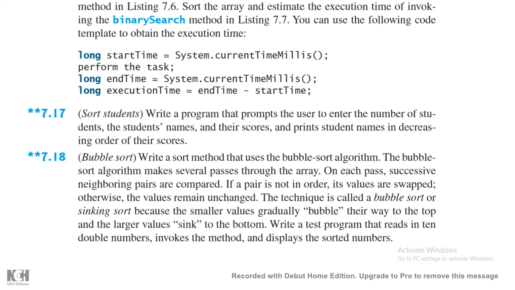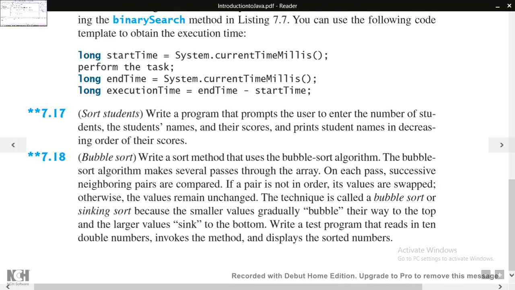Otherwise, the values remain unchanged. The technique is called a bubble sort or sinking sort because the smaller values gradually bubble their way to the top and the larger values sink to the bottom. Write a test program that reads in double numbers, invokes the method, and displays the sorted numbers.